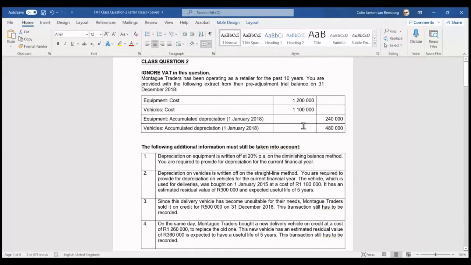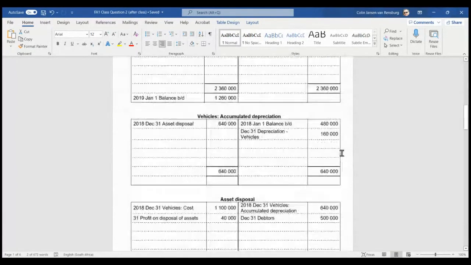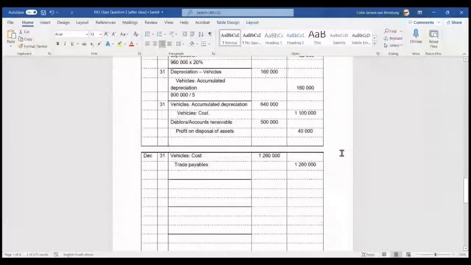Sorry, it was 480,000. 480,000 accumulated depreciation. There we can see it. And now we've credited that account with a further 160,000. That gives us 640,000. So that's where that figure comes from, the 640. You've all got that now, hopefully.